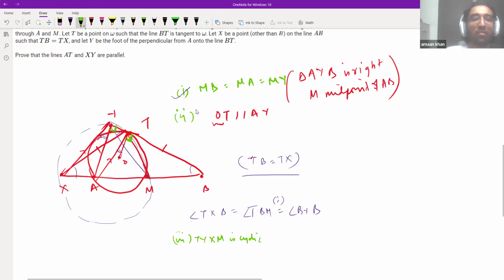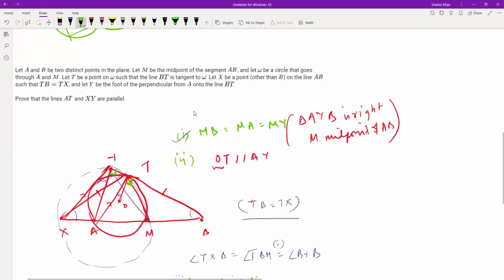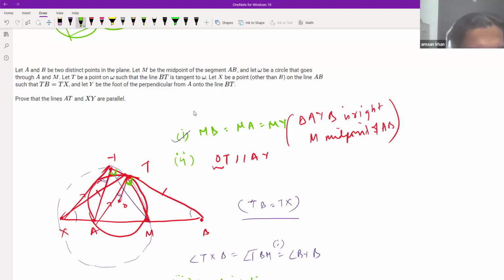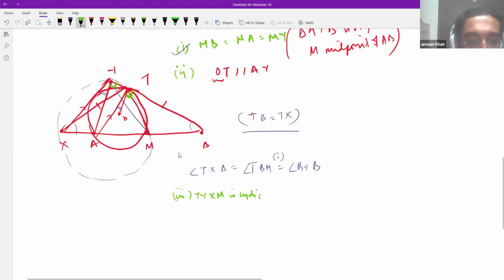How do you proceed now? I guess if we prove that XTA is equal to ATO, then we are done. Because XTA is equal to XYA already. No, XYT is not cyclic, XYTM is cyclic.